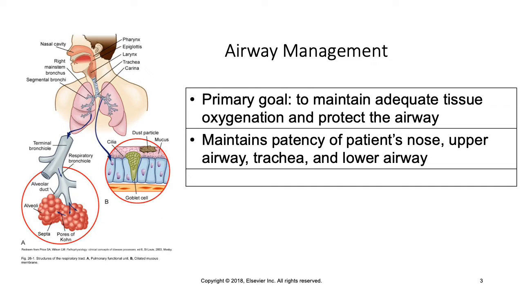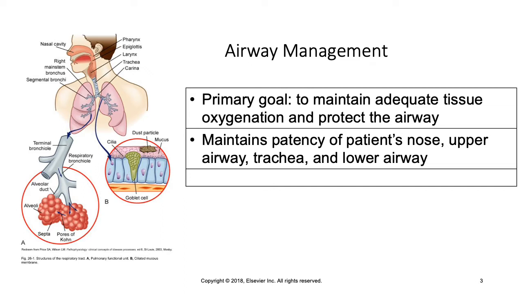Then we'll go further down into the right and left main stem bronchi. From there, it branches into bronchioles, down into the alveolar ducts and the alveoli, where gas exchange actually happens. The area of the image labeled B is of the ciliated mucous membrane of the airways.